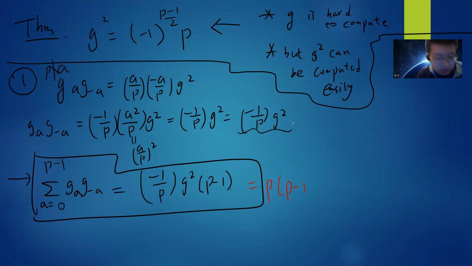So we got g squared is (-1/p) p. By the Euler criterion, this is just this, because remember the Legendre symbol is either plus or minus 1. So we proved our result.